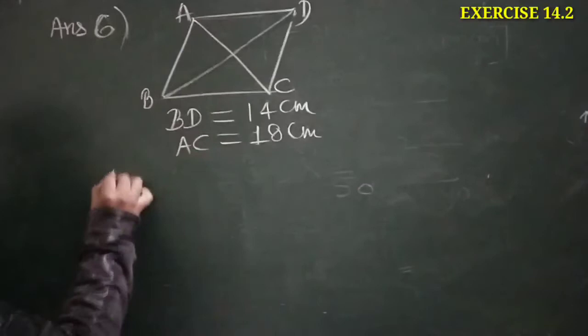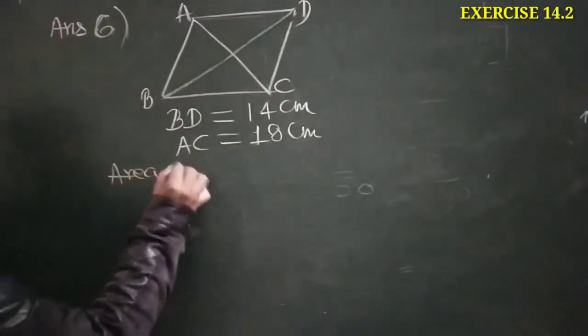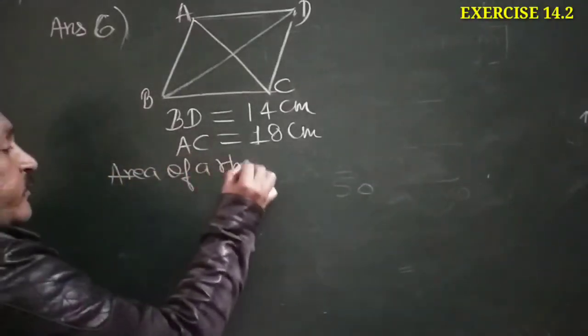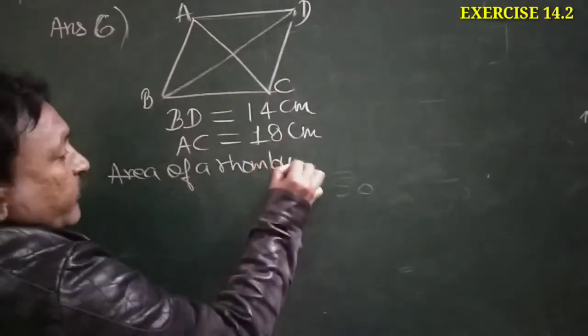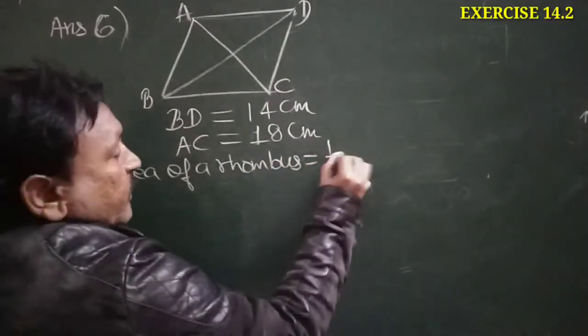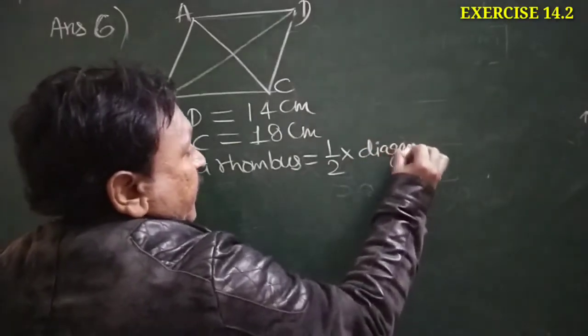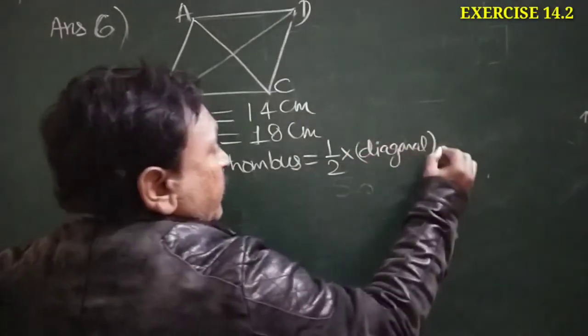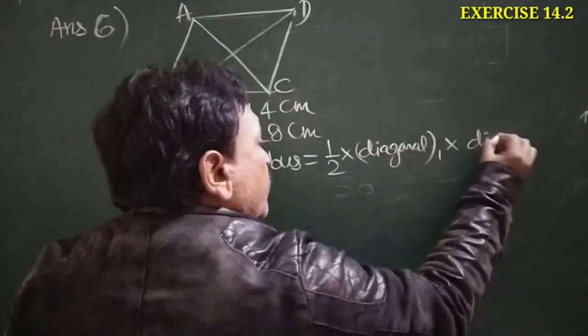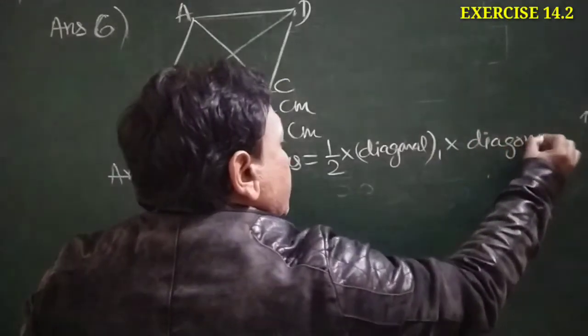Okay, so we all know the area of a rhombus. So what is the formula? Half into diagonal 1 into diagonal 2.